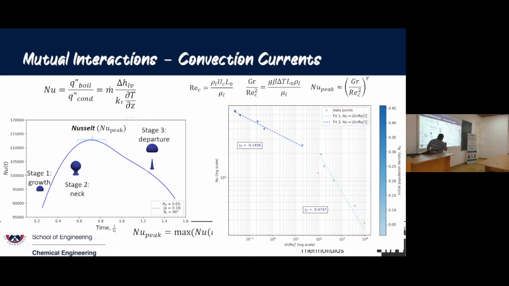The reason we look at Grashof versus Reynolds number is that's how people usually do free convection. If you go this way, you populate more bubbles, and you can see that there is a clear change in the exponent here as well.